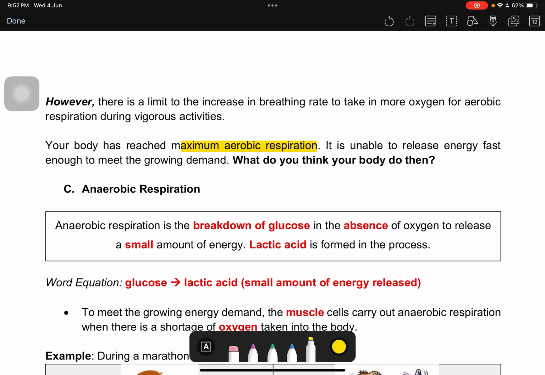It can no longer take in even more oxygen to break down the glucose in your body to release energy. So what do you think your body does then? This is where I introduce anaerobic respiration to you to find out a little bit more about how the energy requirement is being met beyond what aerobic respiration can offer.